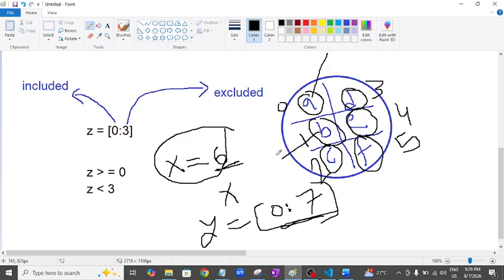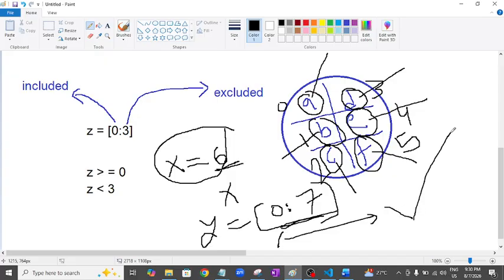Sitting on 1, does it include 1 in the range? Yes, sir. 0 to 7 includes 1 also. Then does 2 include in the range? Yes, 2 also included. 3 also included, 4 also included, 5 also included. Is it going to give an error? No, it is not going to give an error, and that is correct.